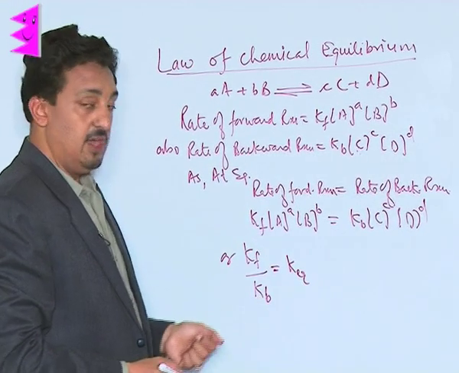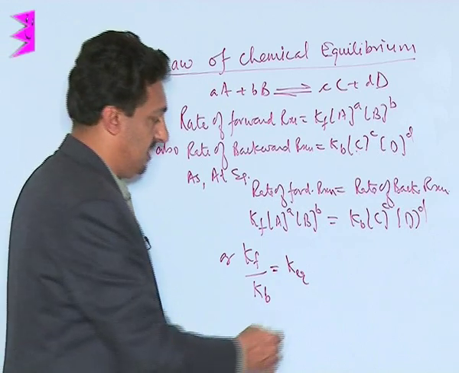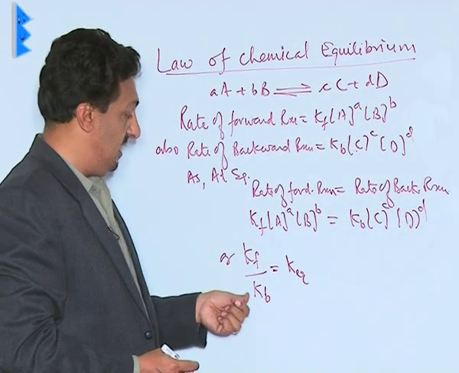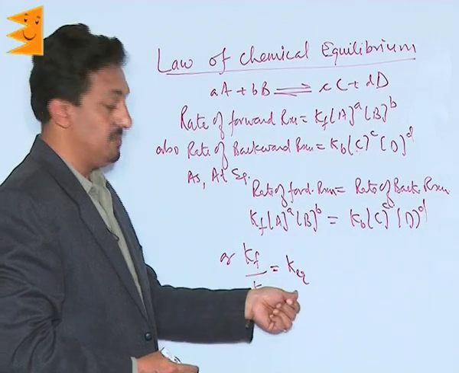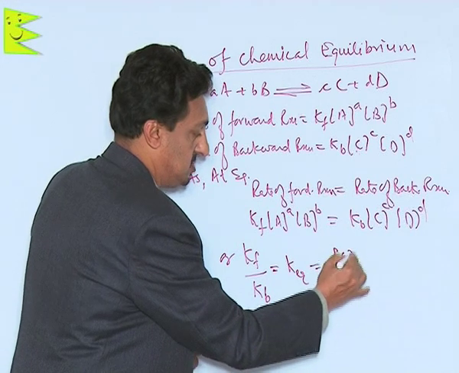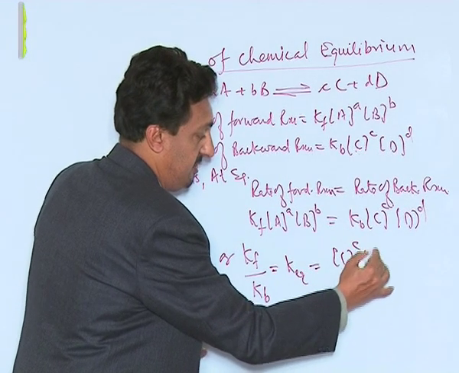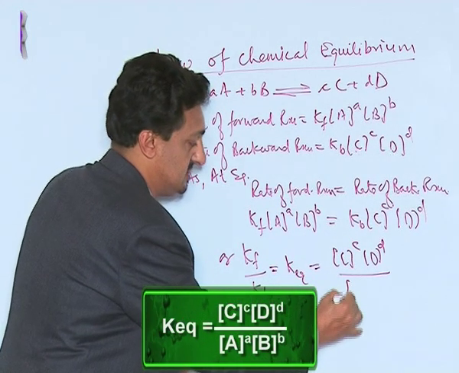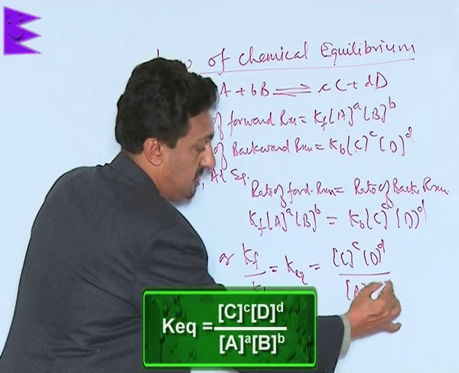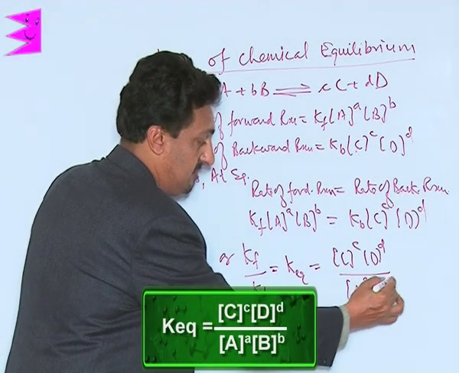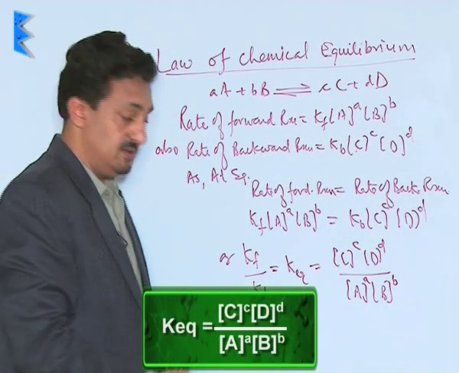So this Keq is called the equilibrium constant because the ratio of the two constants, the rate constant for the forward reaction and the rate constant for the backward reaction, will also be a constant. It can be expressed as a ratio of the product of molar concentration of C and D raised to the power their coefficients upon the product of molar concentration of the reactants A and B raised to the power their stoichiometric coefficients.